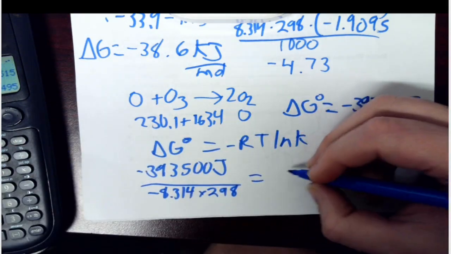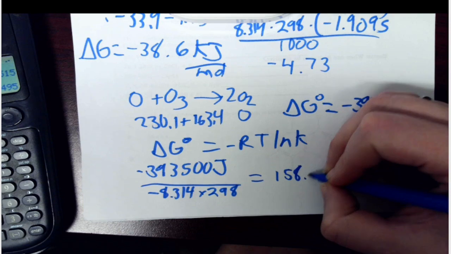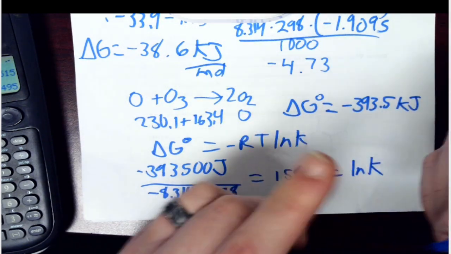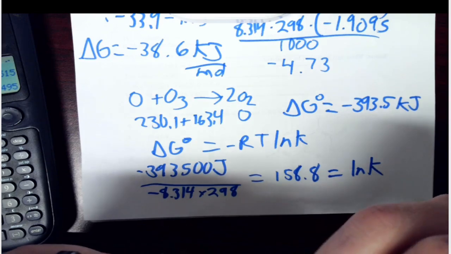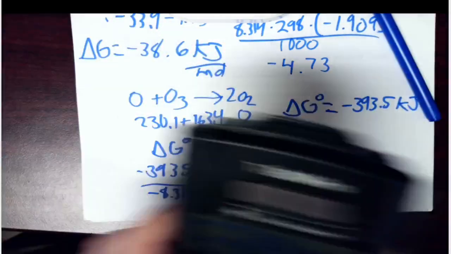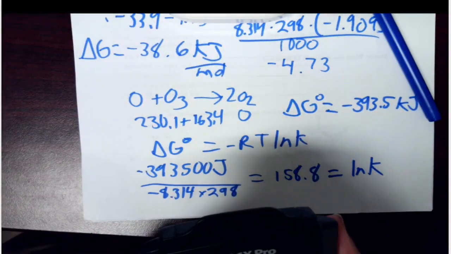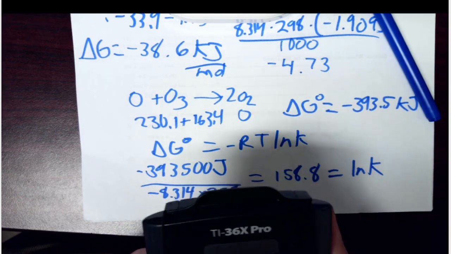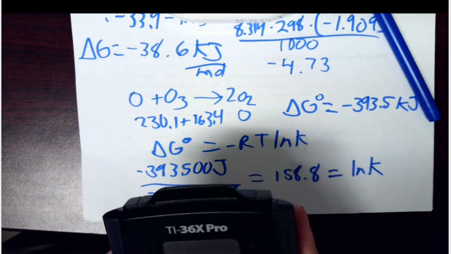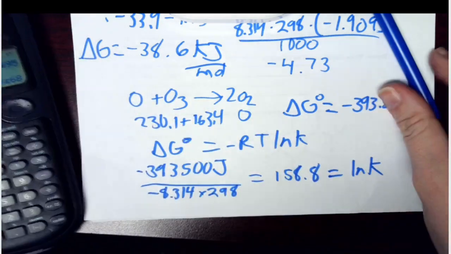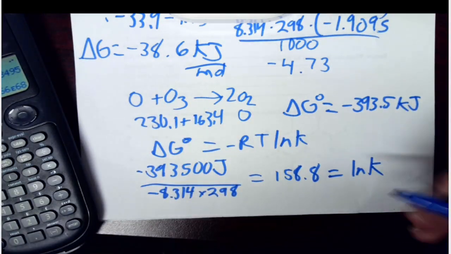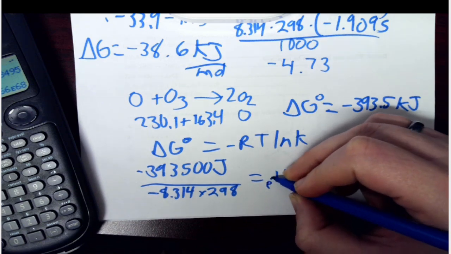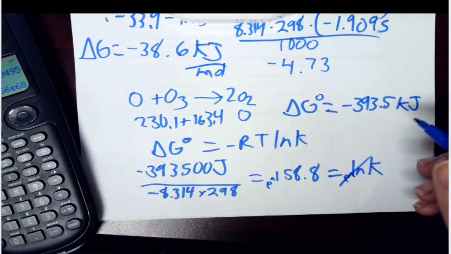Still a big number. So we have 158.8 equals ln K. This is about as far as we can go on most standard calculators, because if we try to do an inverse log of this, it will overflow your calculator.